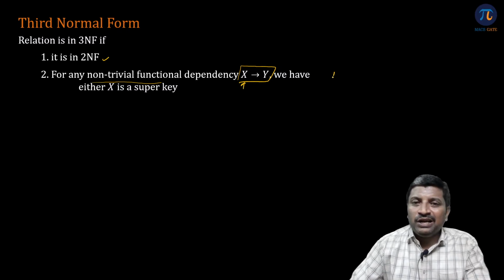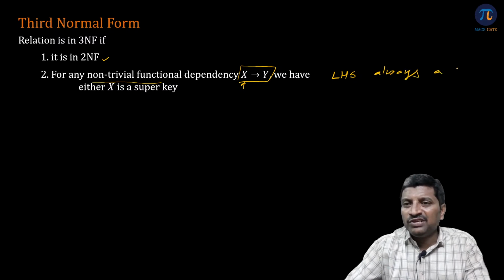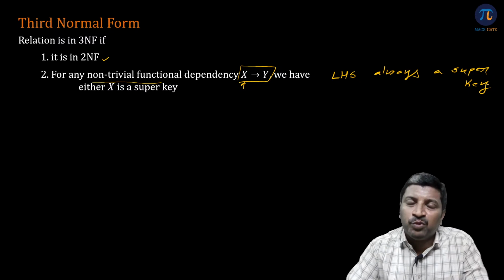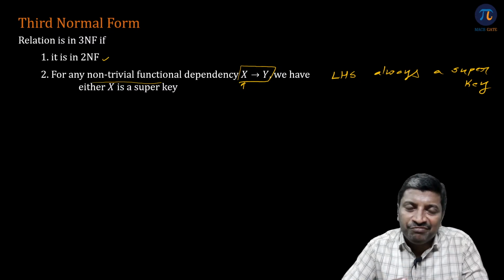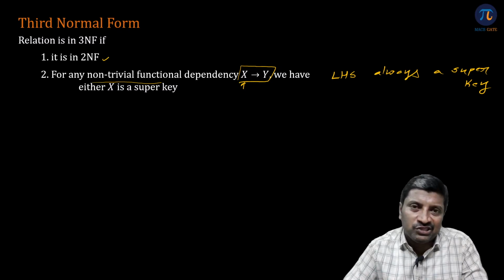That means the LHS is always a super key, sir. LHS always a super key. This is the primary responsibility of both normal forms. So they need to verify that for every FD, we are having a super key on the LHS.